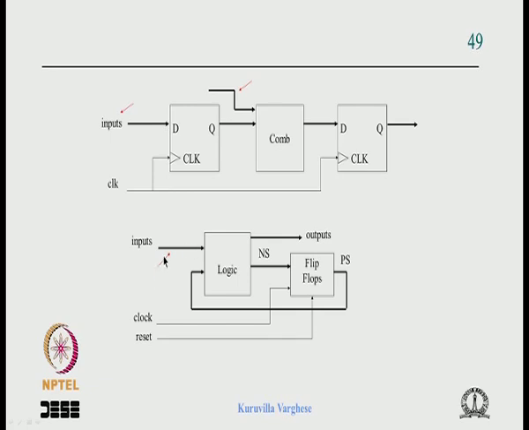So these inputs which are not synchronous to the clock are the culprits of metastability in a sequential circuit, and we call them asynchronous inputs. So asynchronous inputs in a data path like this, or in a sequential finite state machine, can cause metastability in the flip flop.